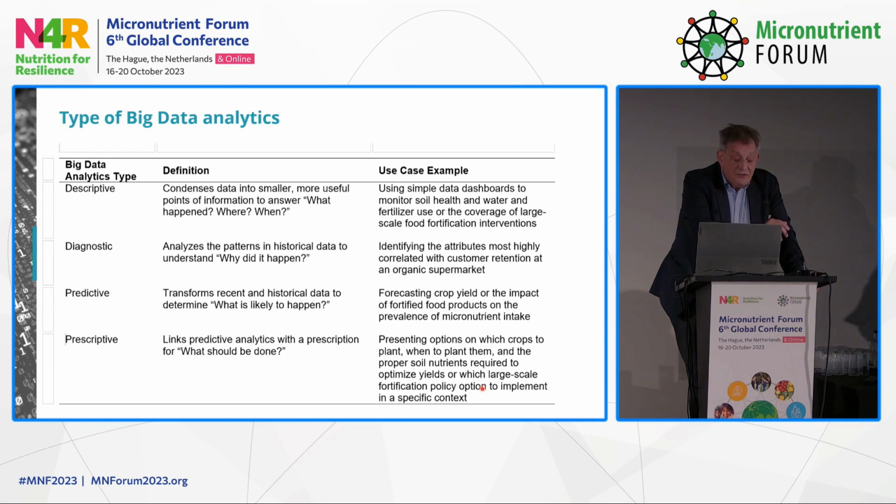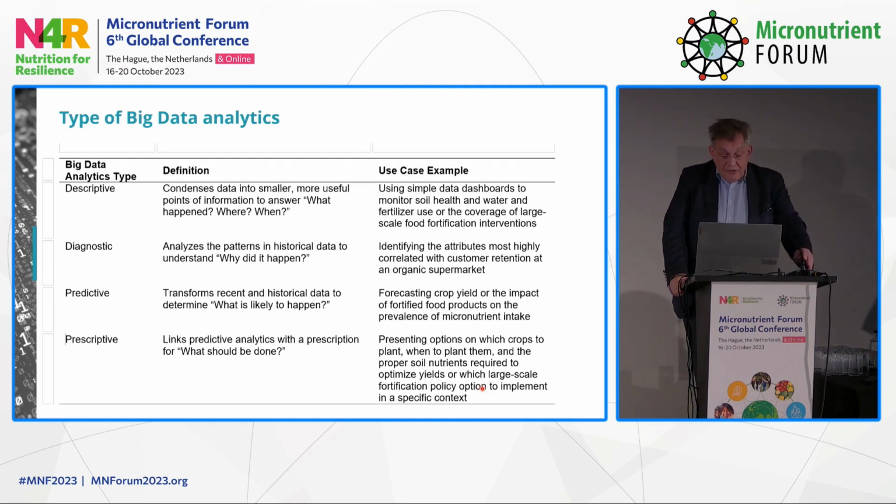We have seen descriptive data, we have diagnostic data, predictive data, as we have seen with the satellite image. How can this be extrapolated into the future? And prescriptive data, presenting options on which crop plants can be planted, and so on. So there are different aspects of big data, how they describe the issue and how they can be used further.